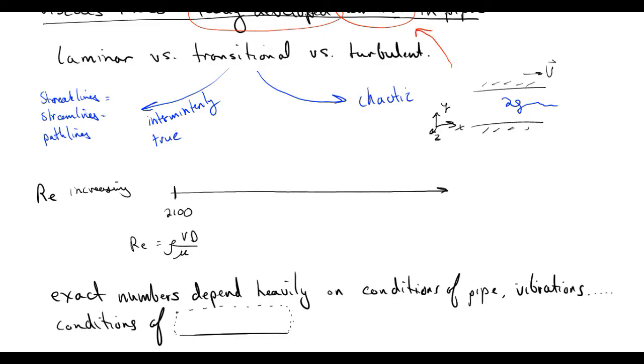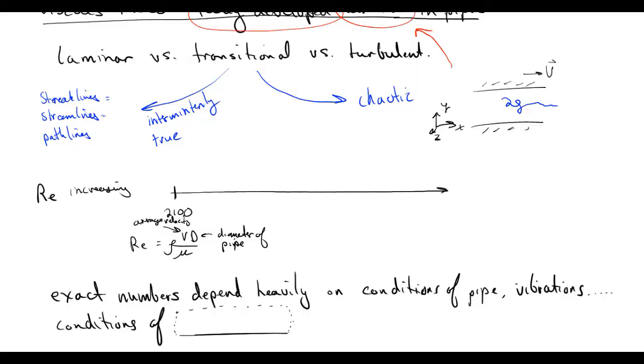Now, like I said, the exact numbers depend heavily on conditions of the pipe, vibrations, and the conditions of the entrance. This is remarkably true. Eventually we're going to talk about the Moody chart, and one of my professors in college, his grad school project, I believe it was his master's, although it could have been his PhD, I can't remember exactly, was to measure the friction coefficient for very, very smooth pipe.